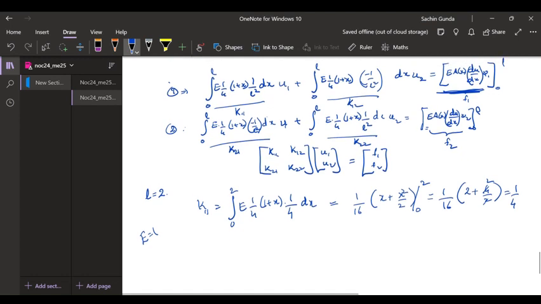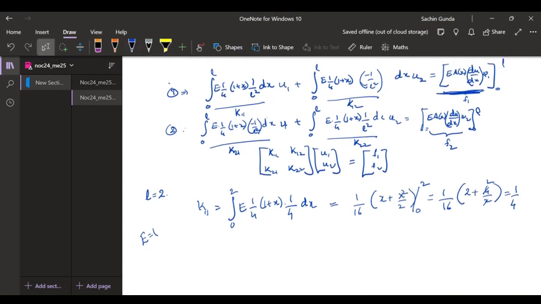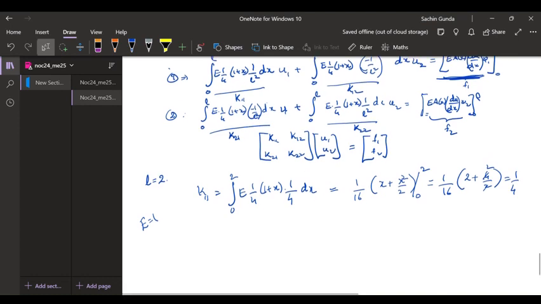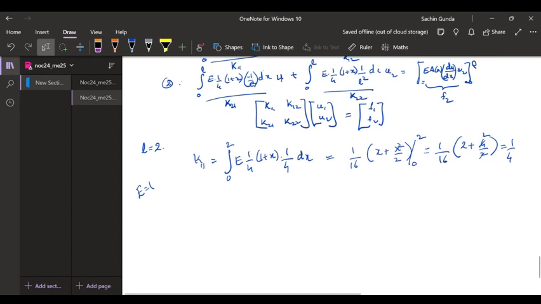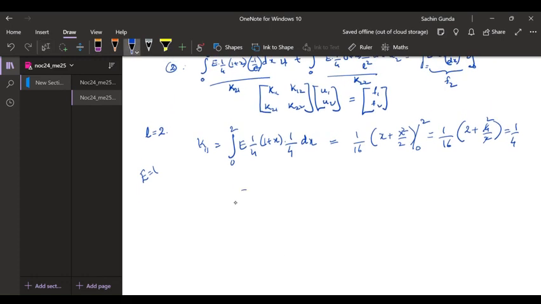We observed that K12, K21, K22, everything will be the same, just the signs will be such that 1, minus 1, minus 1, 1. So if we write the expression, it will be 1 by 4 times [1, minus 1; minus 1, 1], times u1, u2, equals f1 and f2.